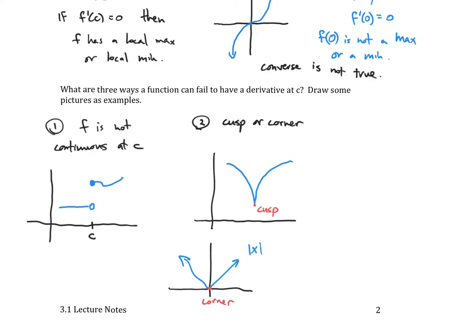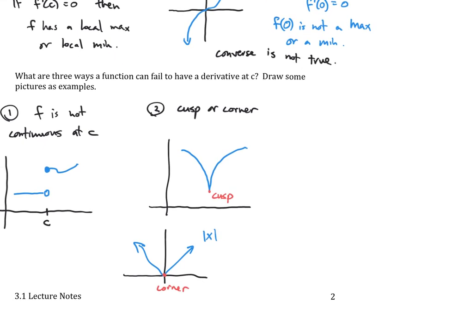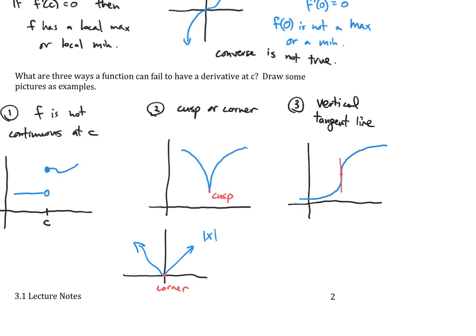Okay. And the third situation where a function will fail to be differentiable is when you have a vertical tangent line. All right, so I guess I've been drawing axes, so I should draw another axis here. My curve will still be in blue. So if you have one of these S curves where somewhere in the middle it's vertical momentarily, then when you have that vertical tangent line right there, that's going to be a case where the function is not differentiable.